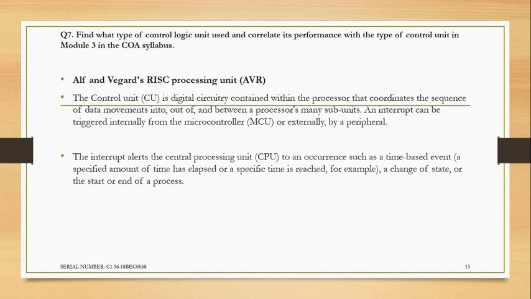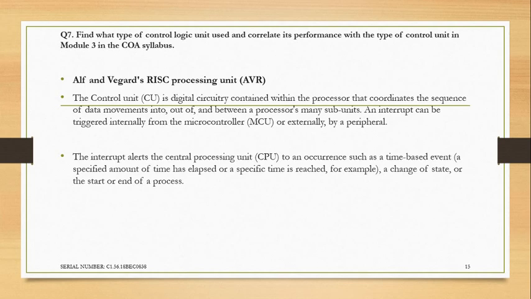Find the type of logic unit and correlate it to the COA syllabus, module 3 syllabus. The AVR control unit is used, which means AVR, the expansion of AVR is reduced instruction set processing unit.